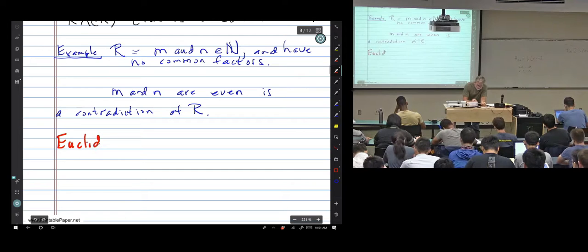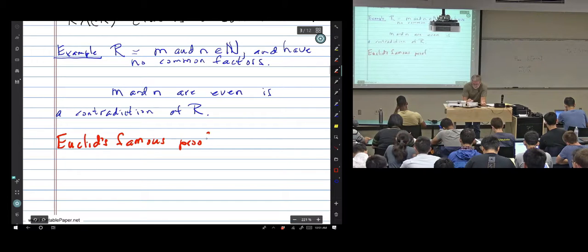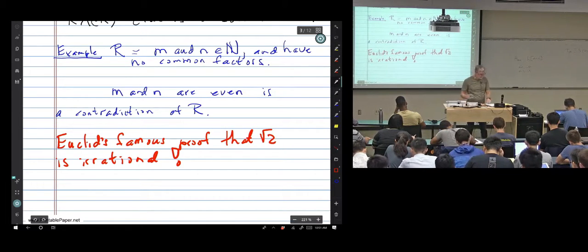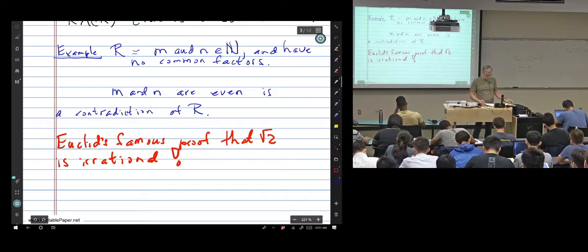Euclid's famous proof that square root of 2 is irrational. Okay, how much more beautiful can it get than that?